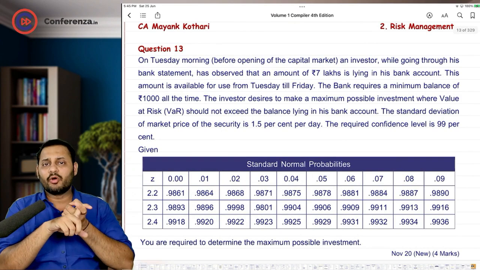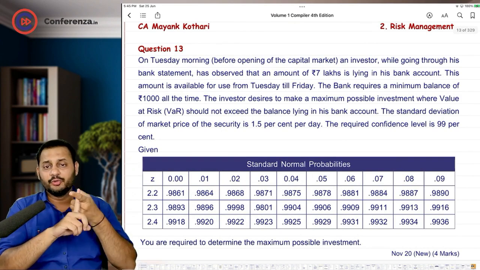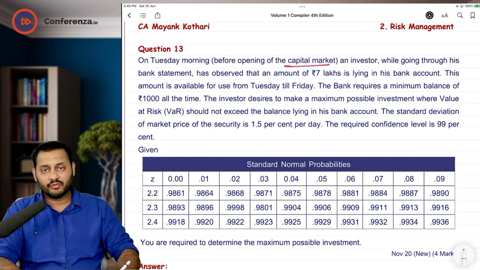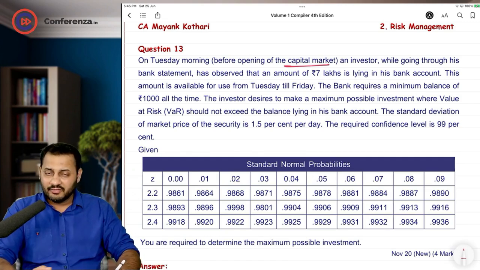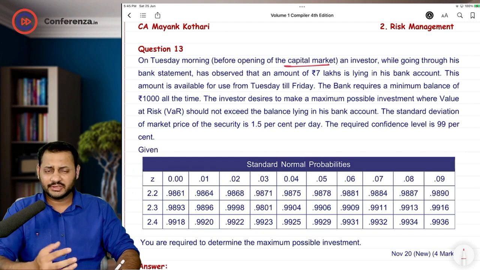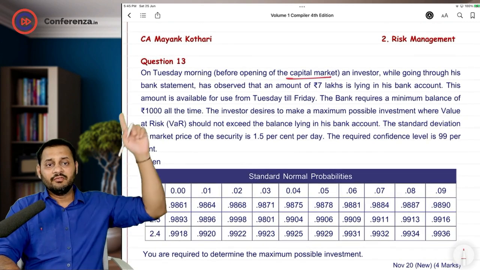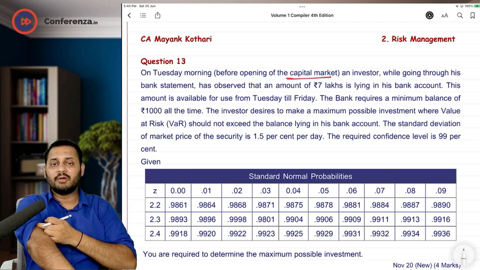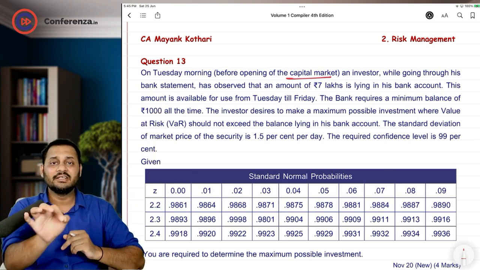On Tuesday morning, before the opening of the capital market, where you trade for equity shares, derivatives, call, future, option, etc., an investor, while going through his bank statement, has observed that an amount of 7 lakhs is lying in his bank account.